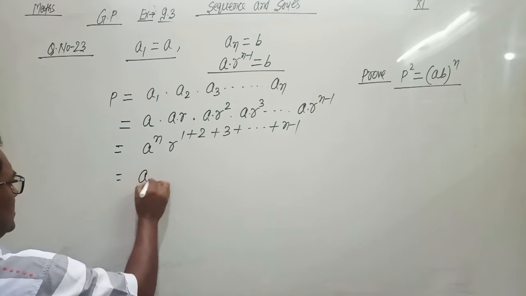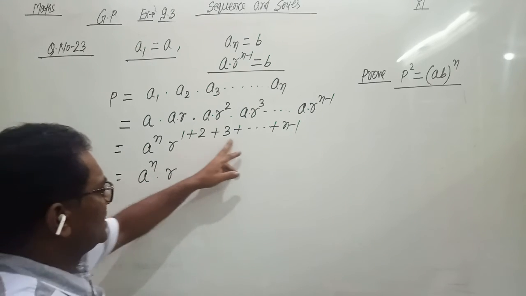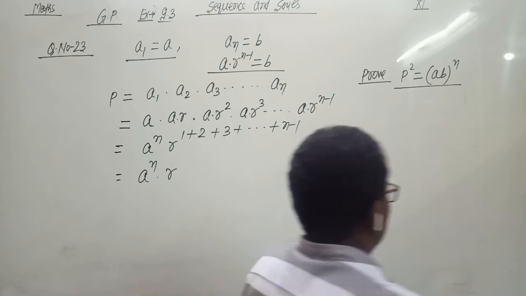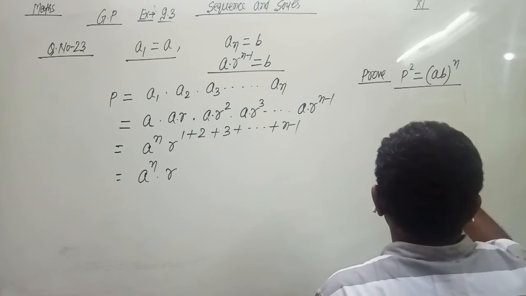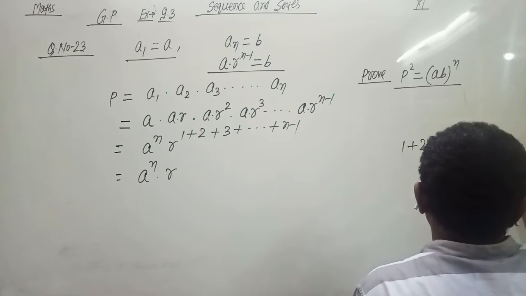So we get a raised to the power n into r raised to the power 1 plus 2 plus 3 plus up to n minus 1.